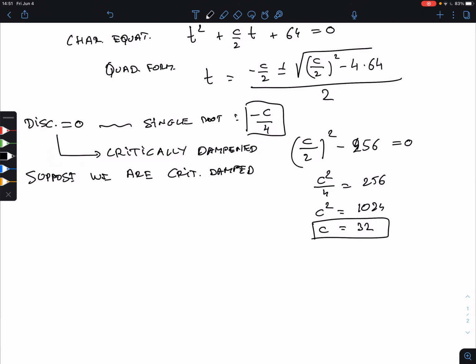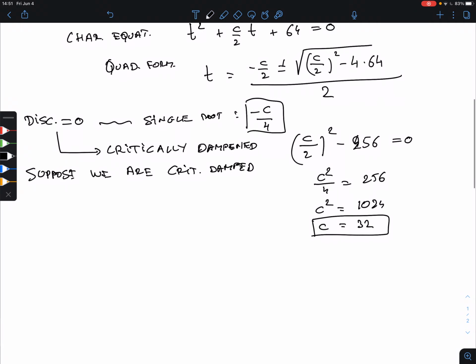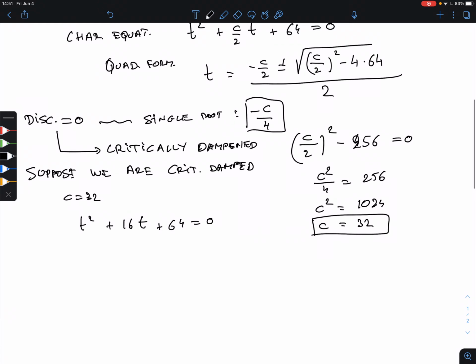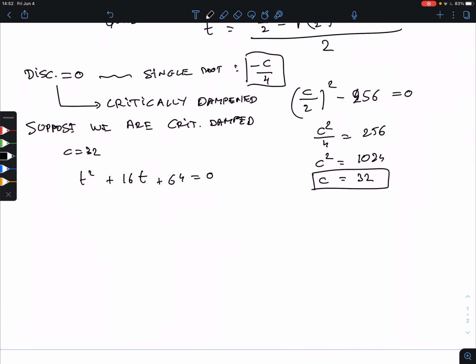So in other words, if c is 32, that means the equation, let me write it up now, is r squared plus 16r plus 64 equals 0. That's the equation that we are in. And by the way, if you factor this, it is r plus 8 squared.